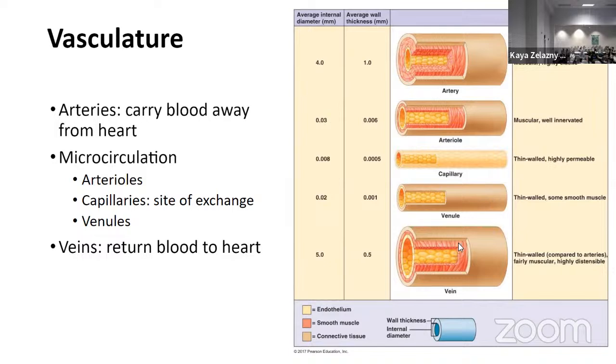And then our veins, returning blood to the heart, we're going to see that they are thin-walled compared to the arteries. They have some muscle, distinguishing them from these venules. What we're going to see is they're really good at holding a lot of volume. Conceptually, as we think about our arteries versus our veins, we'll think in technical, scientific terms about compliance.